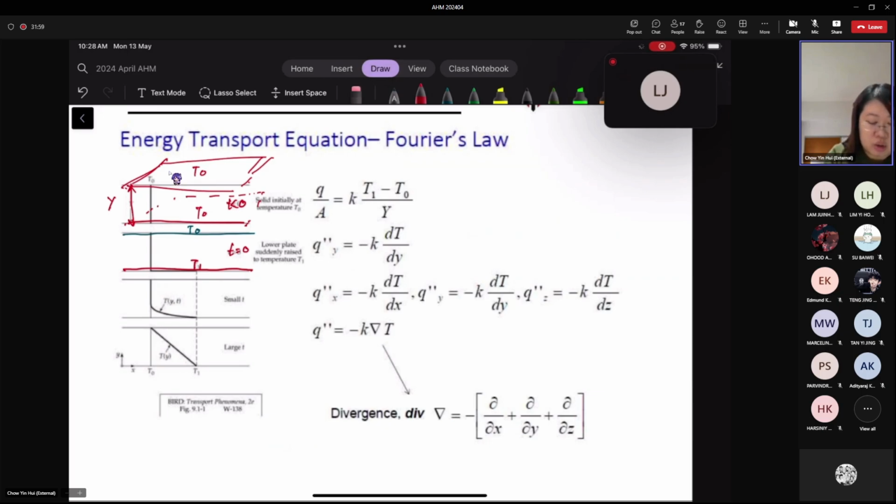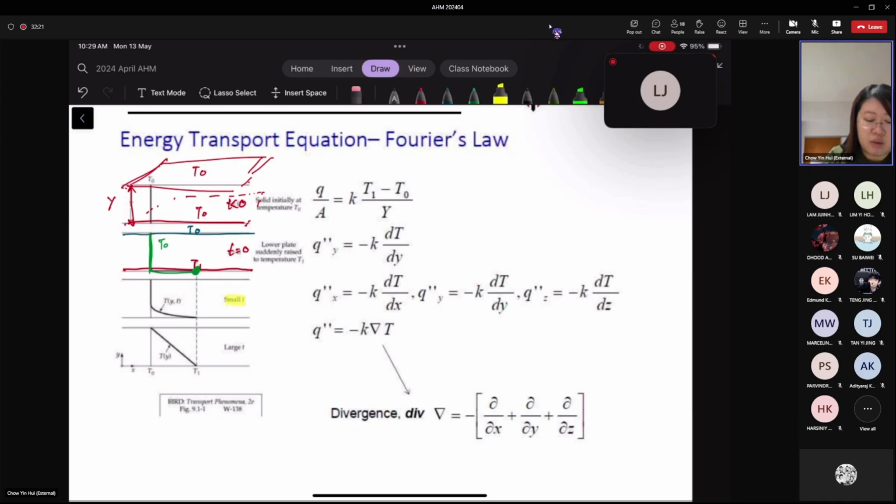You notice how they draw the temperature profile: here it is temperature T1, but at time t equals 0, within the solid itself it is still constant at a temperature of T0.